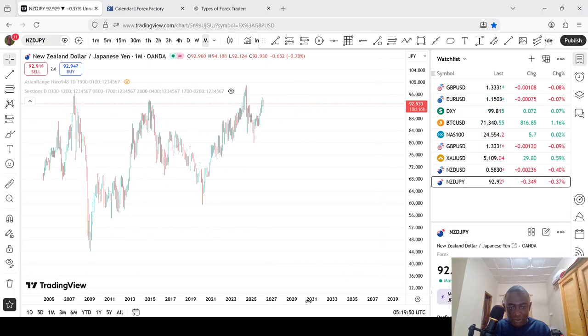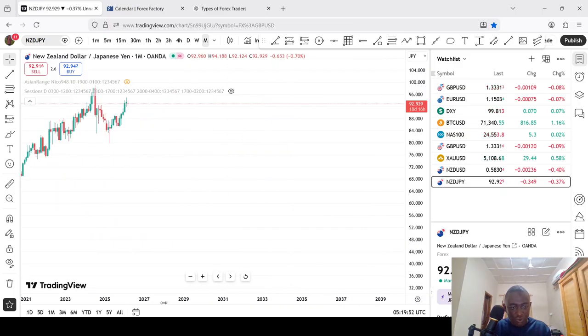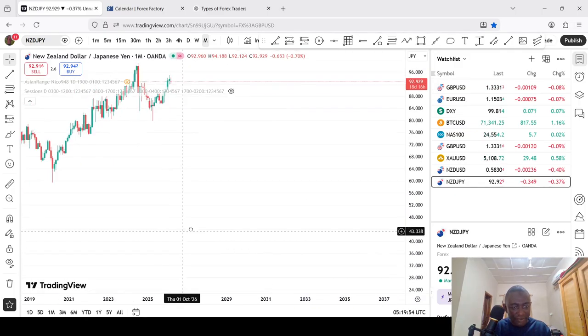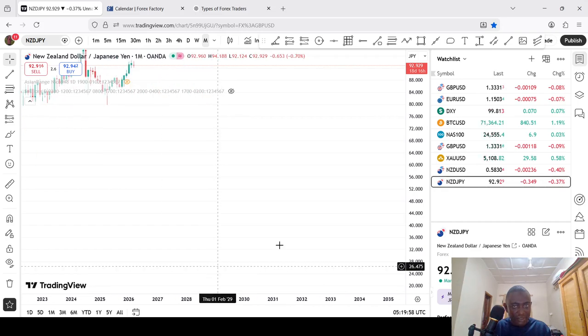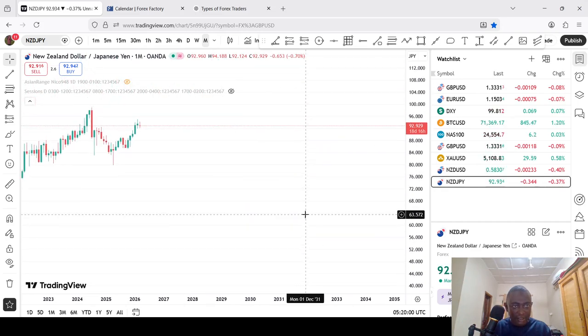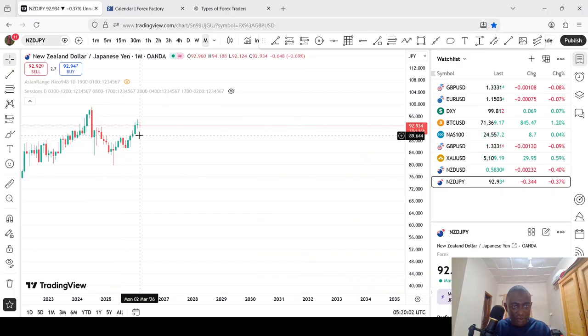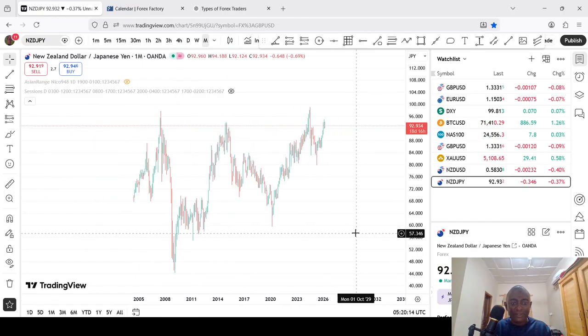Once I zoom out, you see that this 2026 will be shown. Like, now we are having 2025 to 2027. 2026 is here. So once I place it on this candle, that was when this candle actually started because of the monthly view.